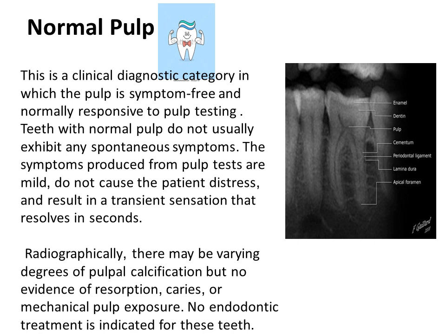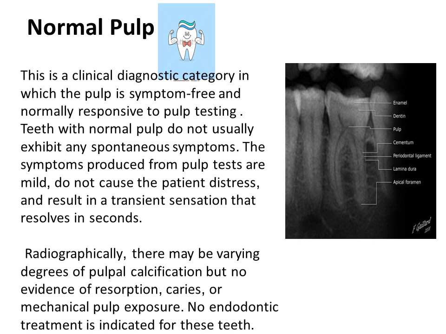What I meant by the pulp tests is the hot and cold application, the pulp tester. With a normal pulp, they respond within normal limits. Once you remove the stimuli, everything returns to normal.